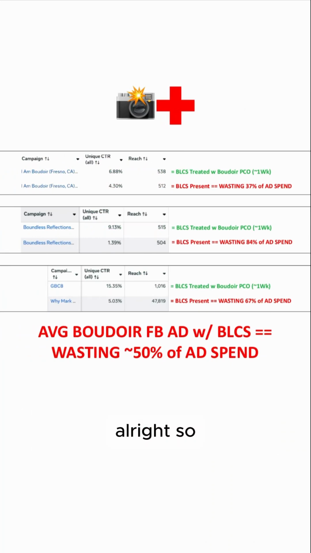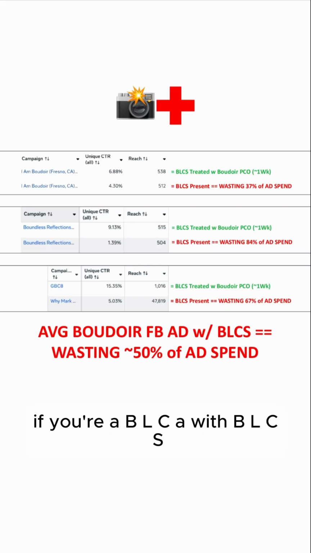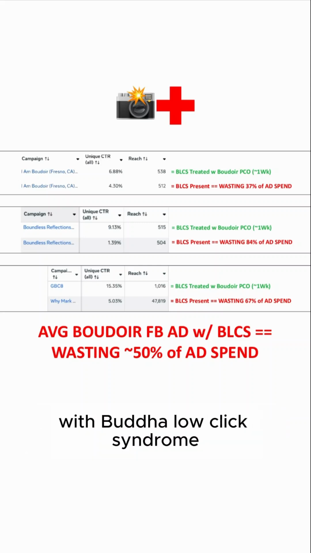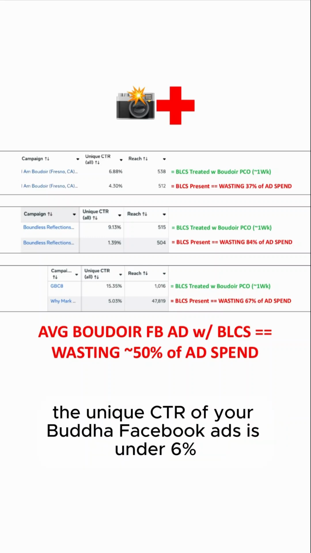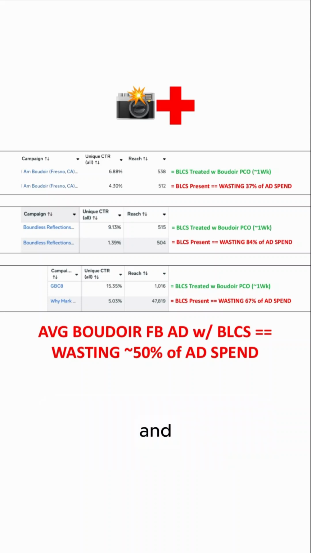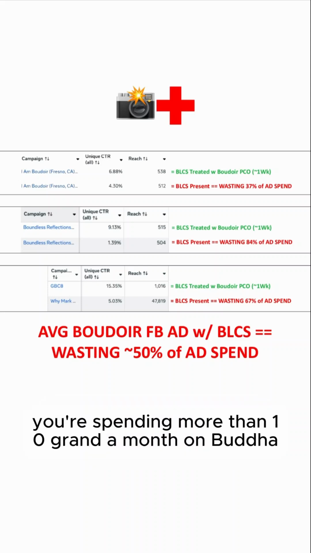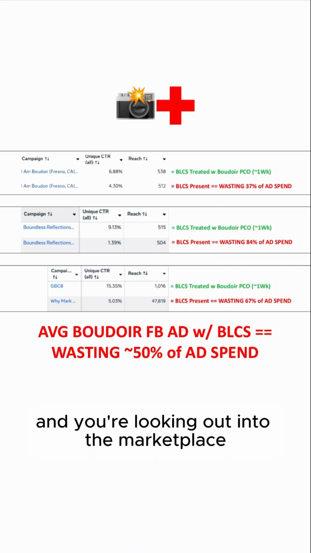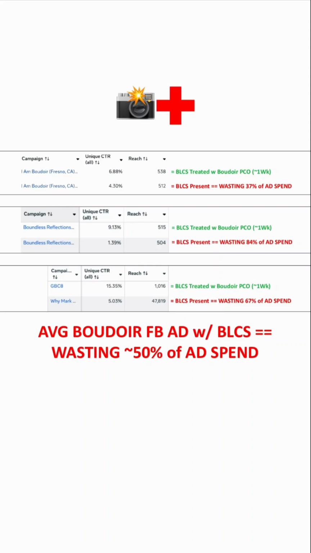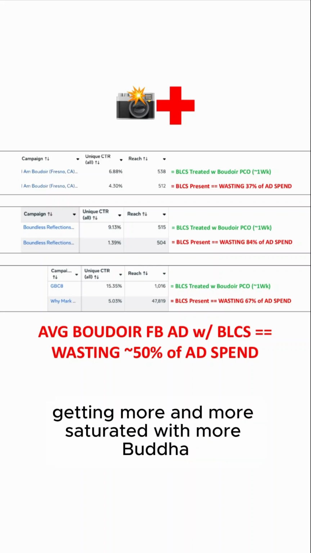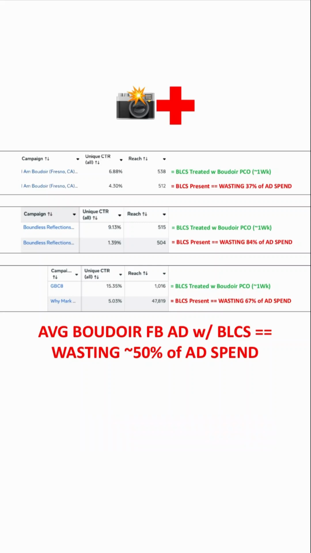All right, so if you're a BLCA with BLCS, if you're a boudoir low-click advertiser with boudoir low-click syndrome, the unique CTRL of your boudoir Facebook ads is under 6%, and you're spending more than 10 grand a month on boudoir Facebook ads, and you're looking out into the marketplace, seeing it getting more and more saturated with more boudoir photographers every day.